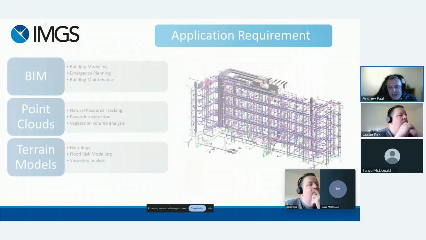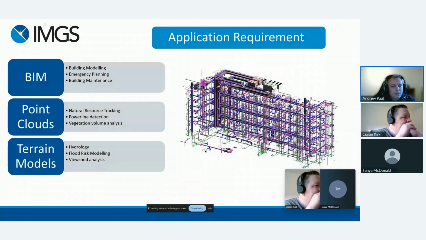And yeah, just to touch again on what I mentioned earlier, different kinds of application require different kinds of data and different kinds of analysis and different scalability. So, for example, as mentioned earlier, BIM, if you're interested in emergency planning, BIM modeling and collection of data for that is something that you'd be wanting to do.